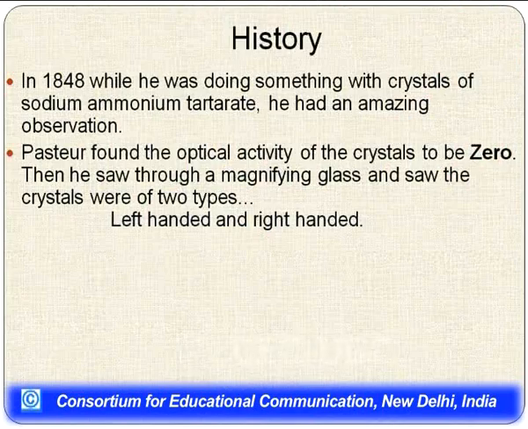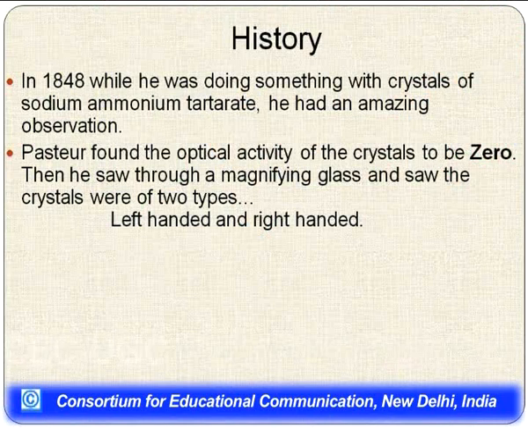What observation did he make? He observed that there were two types of crystals, because he was crystallizing, and we know that crystals have certain kinds of shapes, and he found that two types of shapes were appearing in those crystals. So he decided to put those two shapes into different parts.